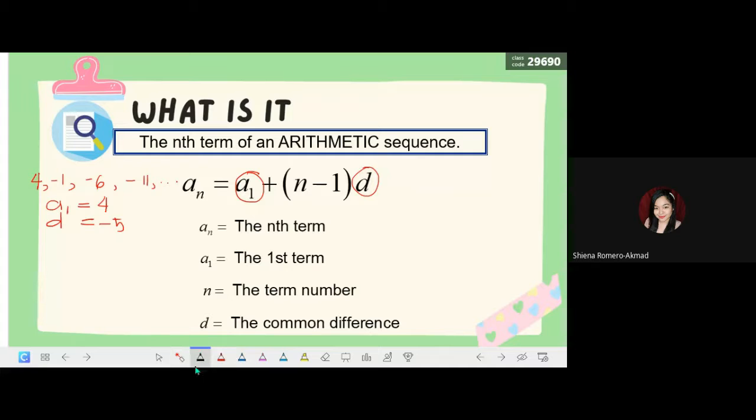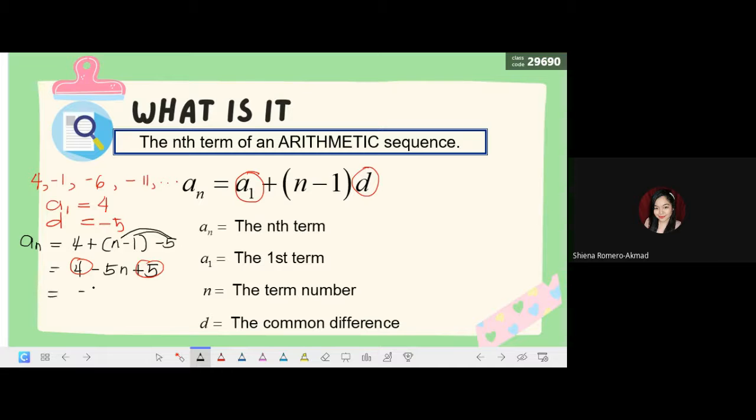Pag sinubstitute natin siya, ganito yung magiging itsura niya. A sub n equals the first term, 4, plus n minus 1 times the d, which is negative 5. So, since multiplication ang operation dito, we will distribute negative 5 sa n minus 1. So, magiging 4 minus 5n plus 5. Then we will combine similar terms. 4 plus 5.